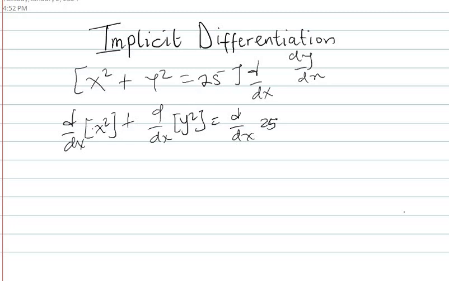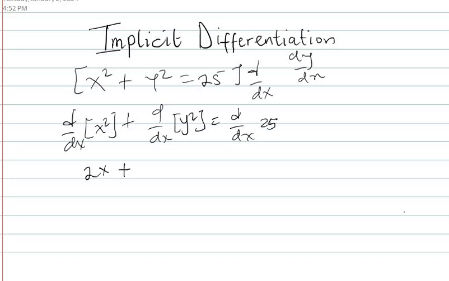You have to differentiate x squared with respect to x, so it's just normal differentiation. We have 2x. Then we have to differentiate y squared with respect to x.